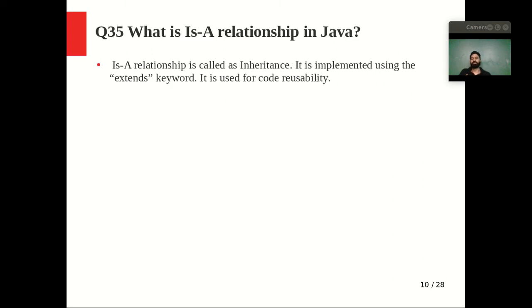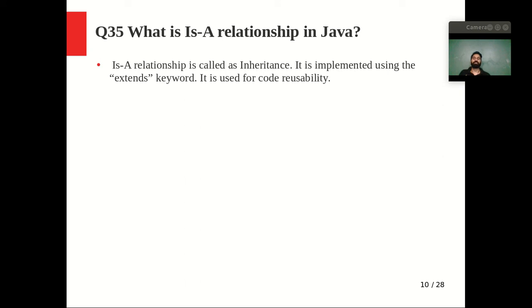Now let's move to another question: what is an is-a relation in Java? They may directly ask about the is-a relation. The is-a relation is the same as inheritance. In the starting, I showed you an example in which I created a father class, and then the child class inherited the father class, right?